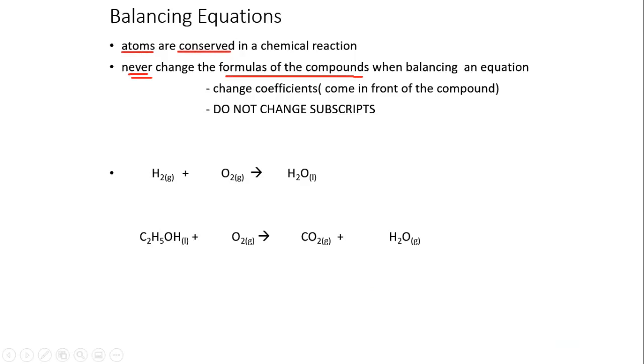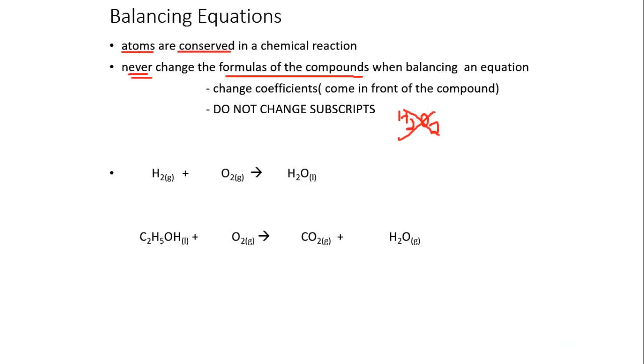So you can't, for example, have H2O and then just say you're going to balance the oxygen by putting a 2 there. That is incorrect. So you can't change the subscripts in a chemical formula. You can only change the coefficients, which are the numbers that come in front of the reactants and products.